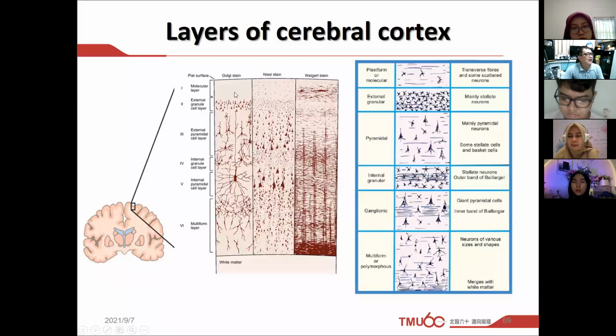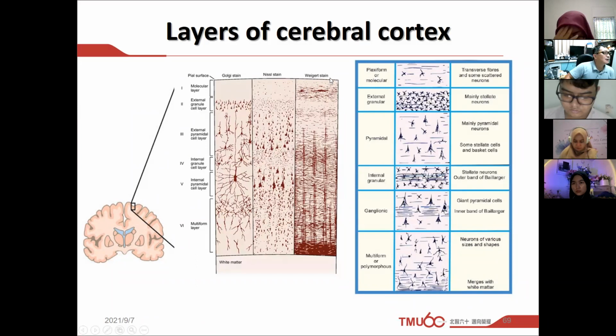We can use different staining to distinguish the morphology, cell type, and outlet, and they can tell which layer has what type of cells and what kind of axon pattern. How to read these figures?